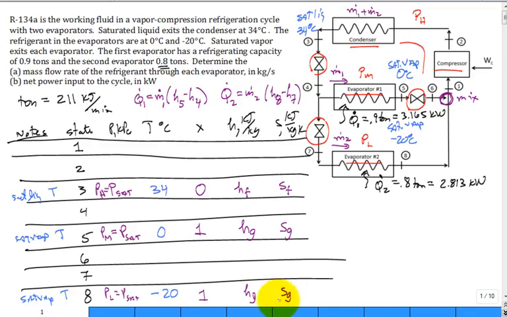Now, what I like to do is maybe fix all the pressures, because I know there's only 3 pressures in this whole system: high, medium, low. So let's take a look. Which states all have the low pressure? That's right.